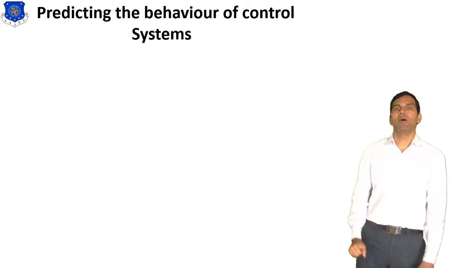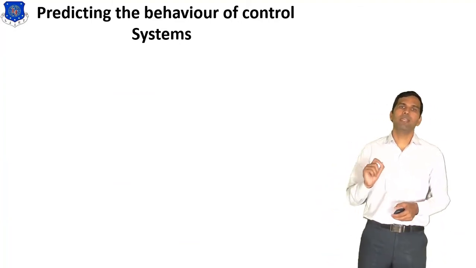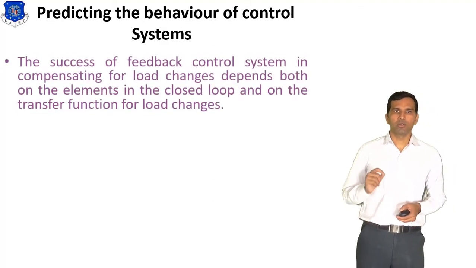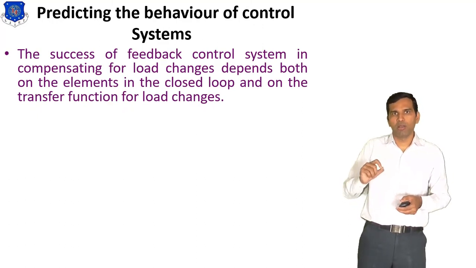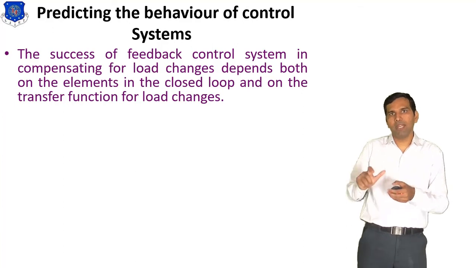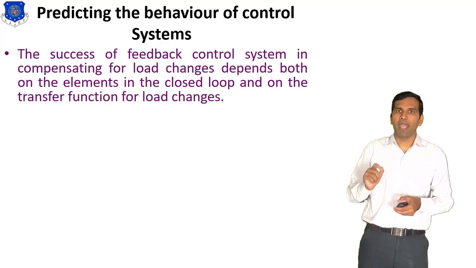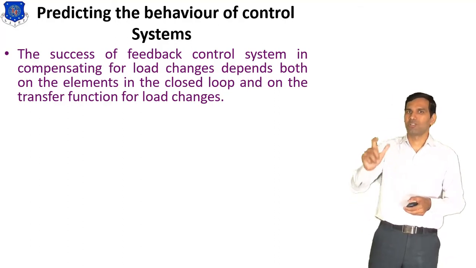Now we discuss the second topic of this lecture, that means predicting the behavior of the control system. The success of a feedback control system in compensating for load changes depends both on the elements in the closed loop and on the transfer function for the load changes.